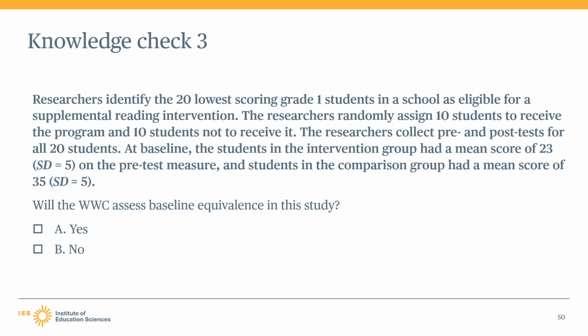At pre-test, the students in the intervention group had a mean score of 23, with a standard deviation of 5, and the students in the comparison group had a mean score of 35, with a standard deviation of 5. Will the WWC assess baseline equivalence in this study? Your response options are A. Yes, or B. No. You may want to pause the video to think about your answer.